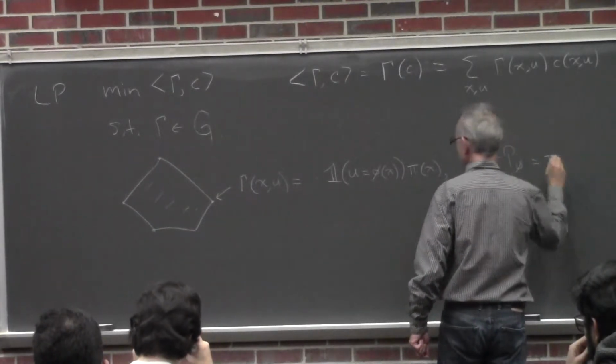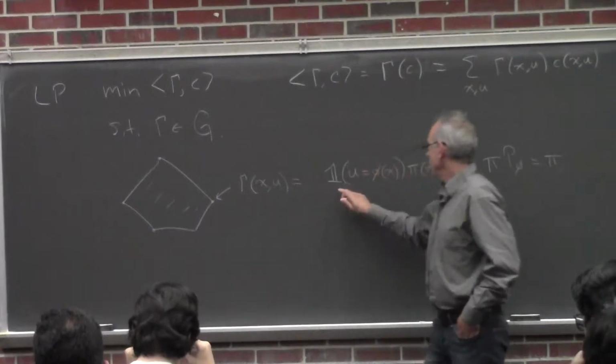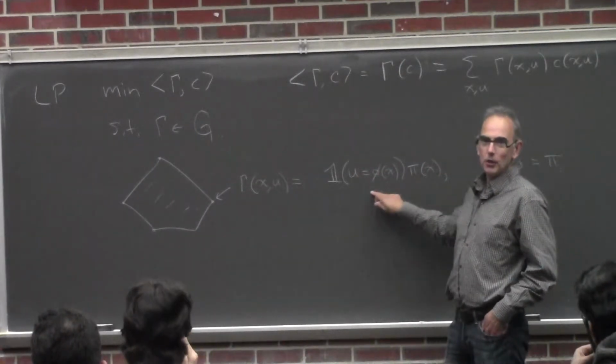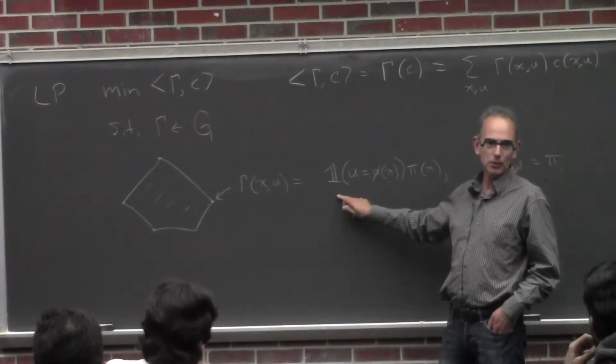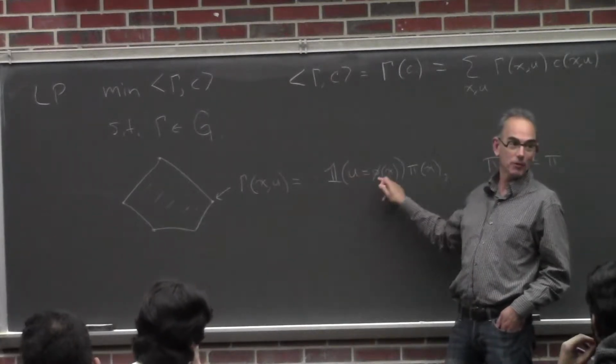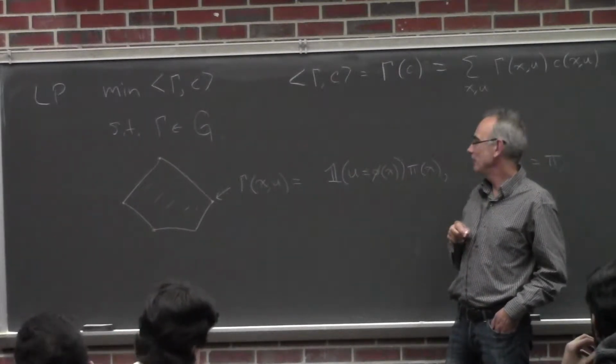So every corner, there was a probability law here, a randomized policy. Well, it's not randomized anymore. It's 1 if u equals c of x and 0 else.